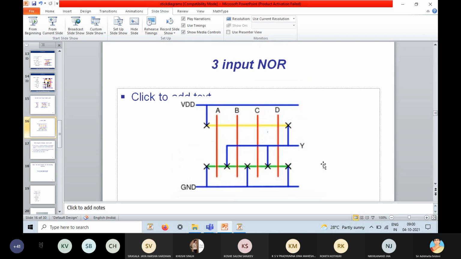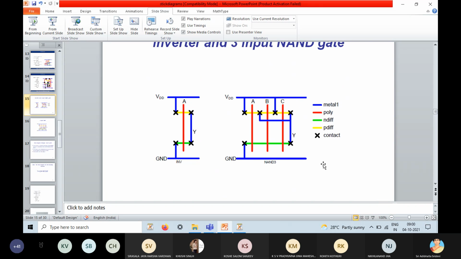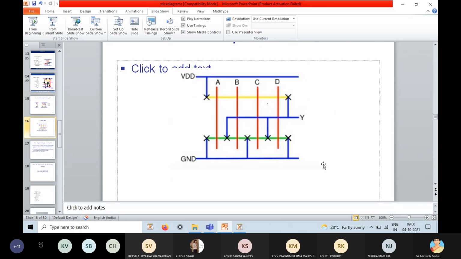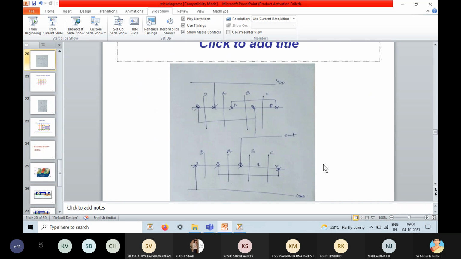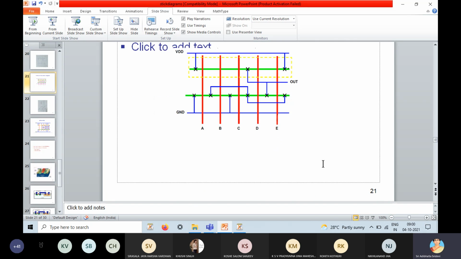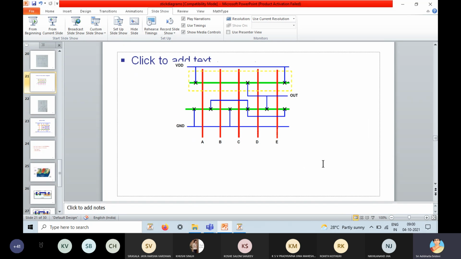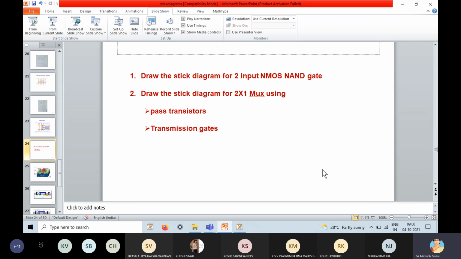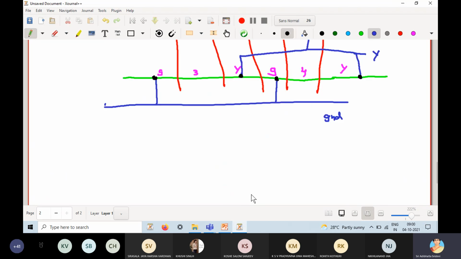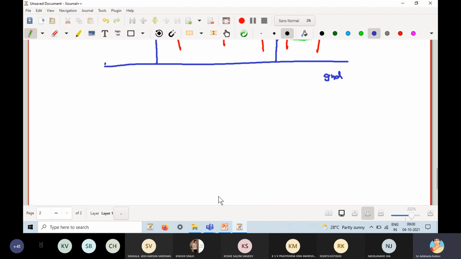And you can have A plus BC whole bar, and AB plus CD whole bar. AB plus CD whole bar. Better I write here. So, homework.